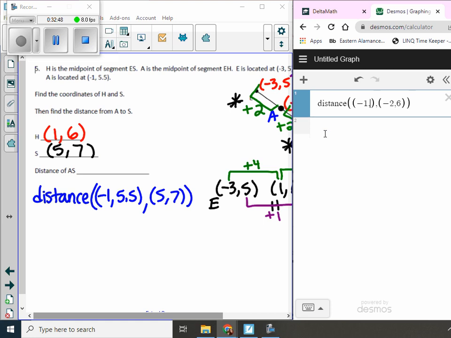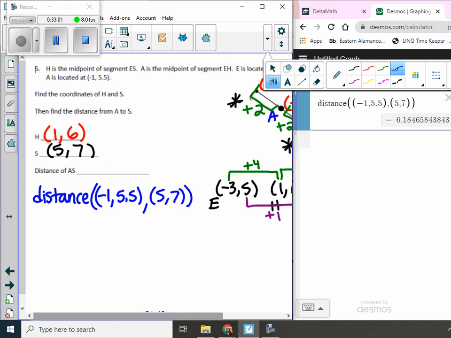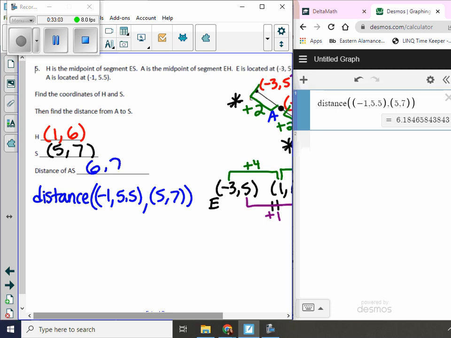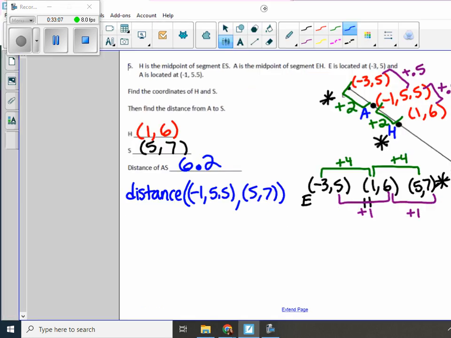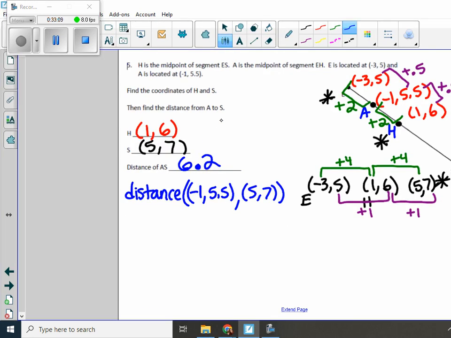Negative 1, 5.5, and 5, 7. Did y'all get 6.2-ish? Beautiful. Guys, any questions? That one has a lot going on. Okay.